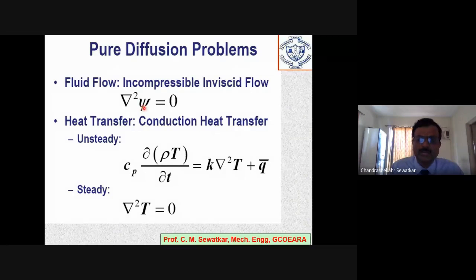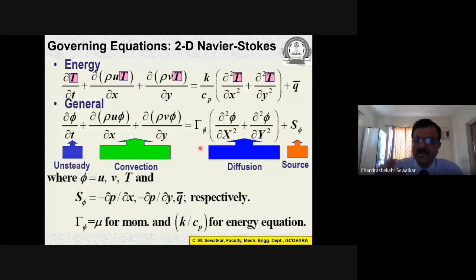Similarly, if I have a problem wherein only heat conduction is occurring, and that too steady state, then from this energy equation we can do away with the unsteady term. Then there is no convection. Let us assume there is heat transfer in a solid material, so there is no motion of the fluid particles, no convection.